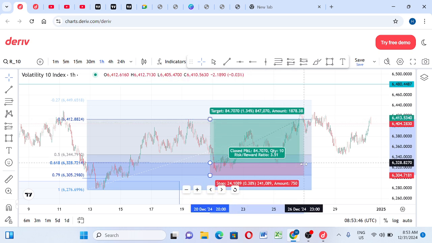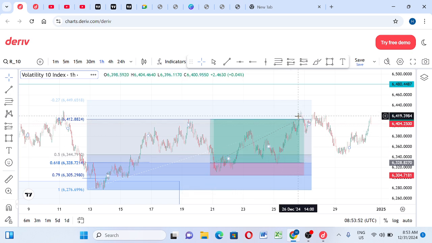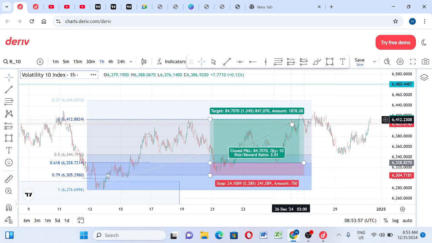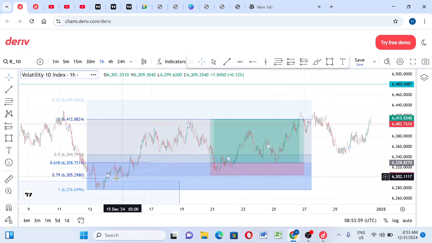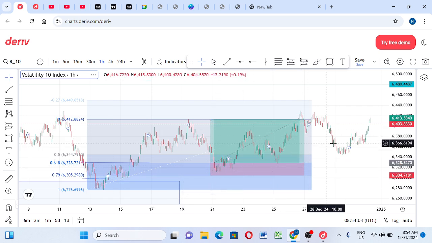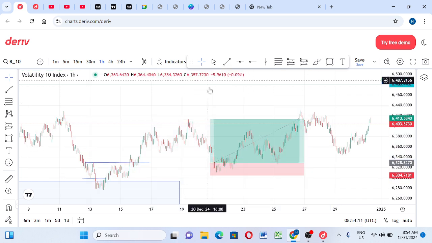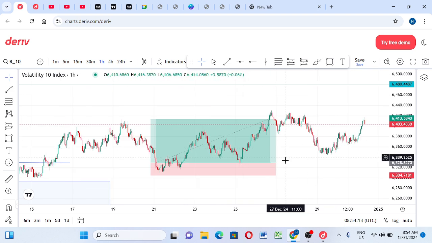So it basically rallied to the upside, came back down, and then finally pushed to the upside and hit take profit. This was the first take profit, first entry. This is the second entry one could be getting, and then there's another entry that came off at this area here, which is very important that one could take.